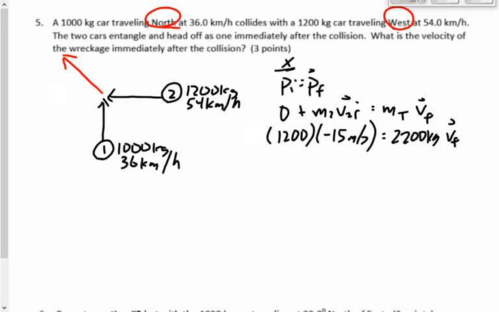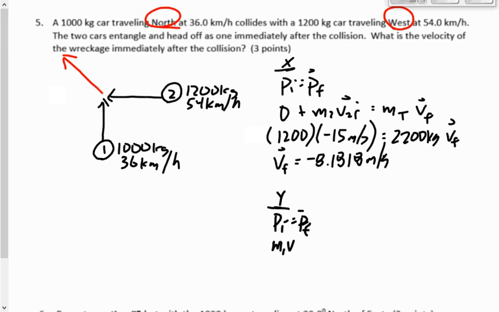Take the 2200 over dividing, and we get VF is equal to, for the X component, negative 8.1818 meters per second. And for the Y component, it's almost the same thing, right? PI equals PF.